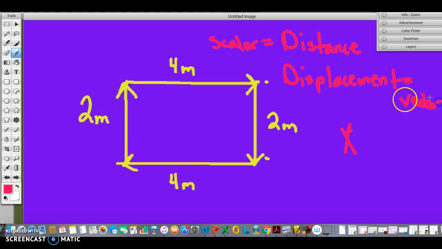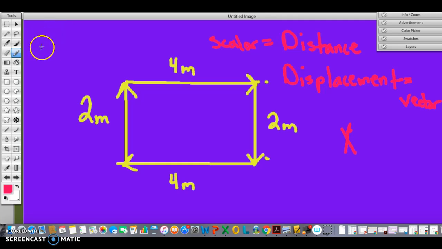When we're talking about distance, all we care about are the numbers, not the direction. When we're talking about displacement, we care about the numbers and the direction. I just want to review some things.